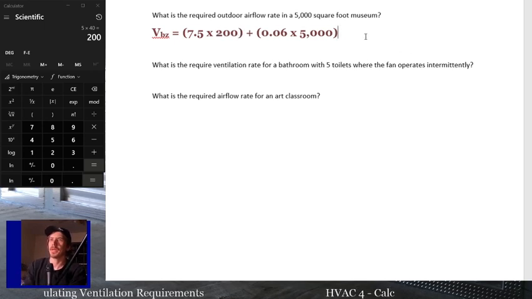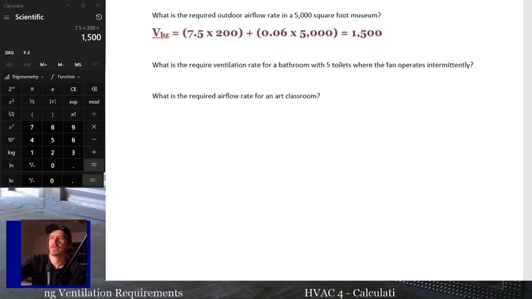Done. All right, so now we can finish out our equation. 7.5 times 200. 7.5 times 200 is 1,500 CFM because of how many people are in there.